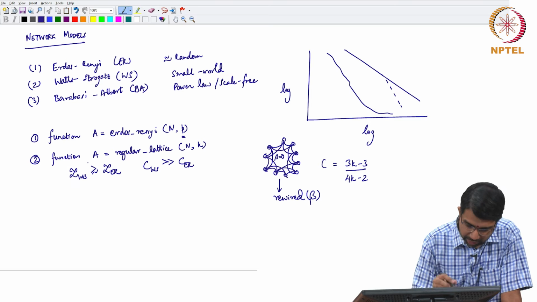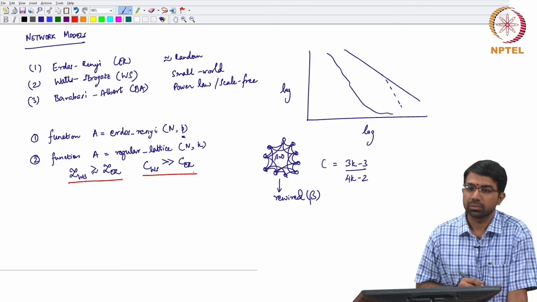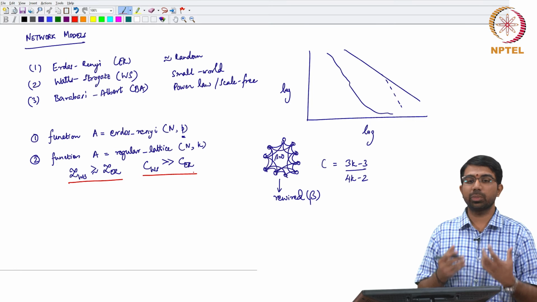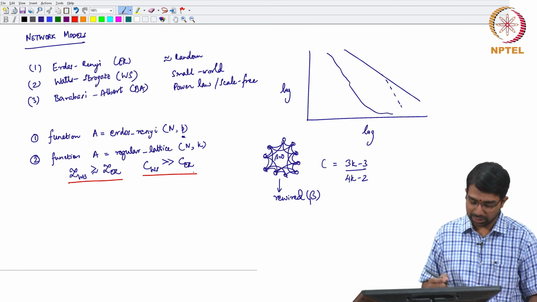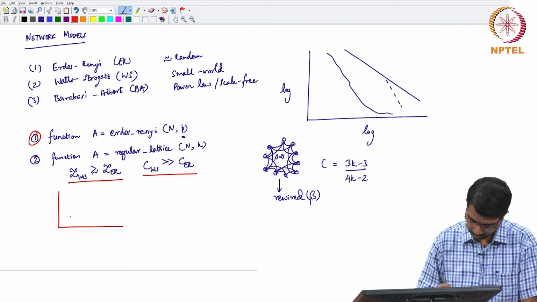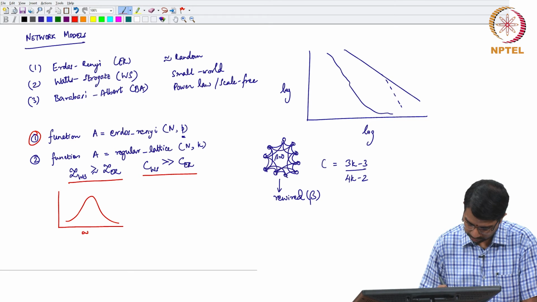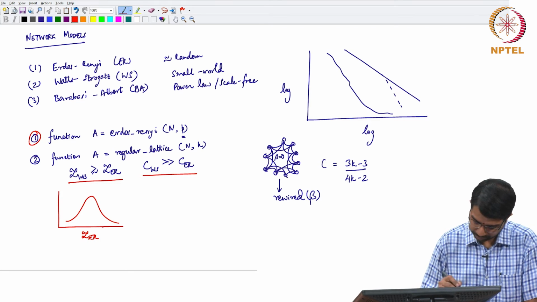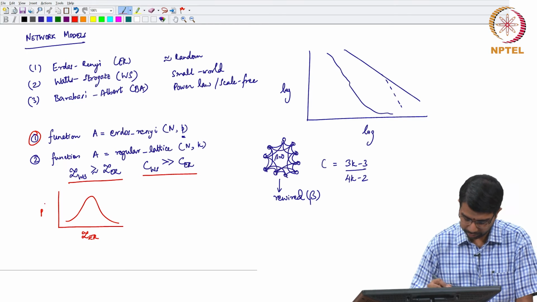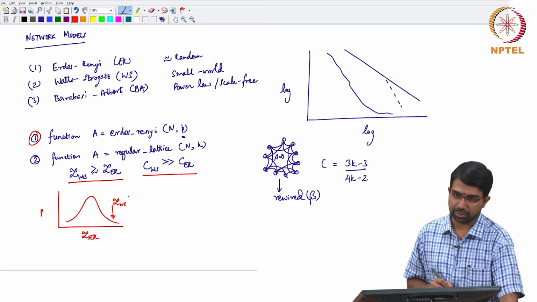And how would you ascertain these? You have to create multiple networks. You create multiple ER networks using say this function, and you will get a plot. So, this is L_ER and this is some probability of observing, count, frequency, whatever, and you might find that L_WS lies somewhere here.